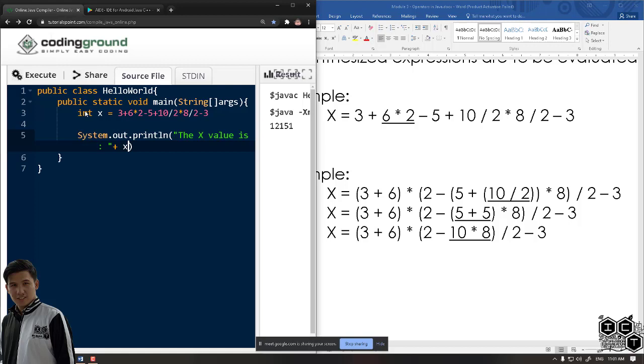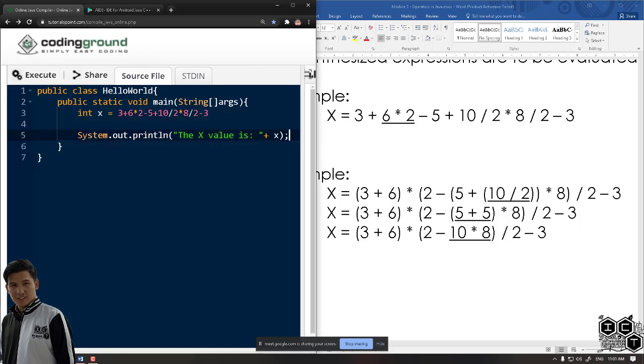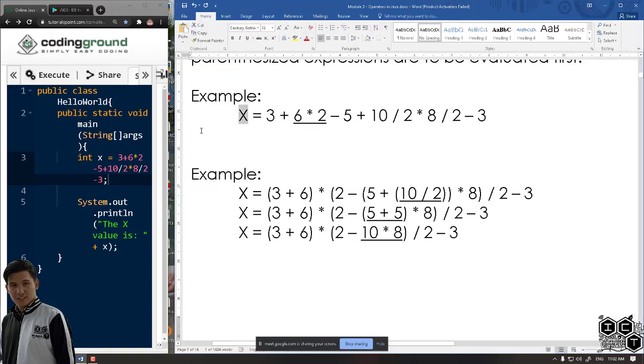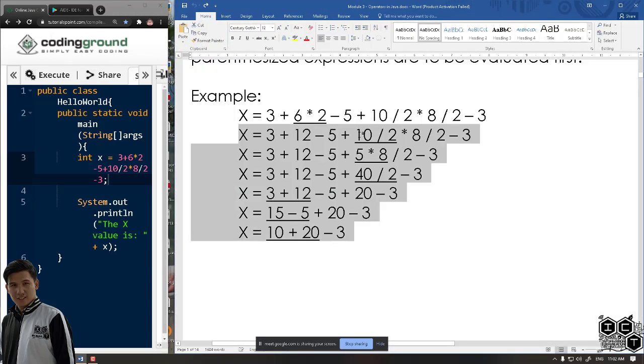Tapos yan. Ibig sabihin yan, so you can see here, this is a string literal, correct? So, the x value is, meron kang space dyan, tapos in-enclose mo na siya inside the string value plus automatic the value of the x na nandito. Ganyan siya pag Java.